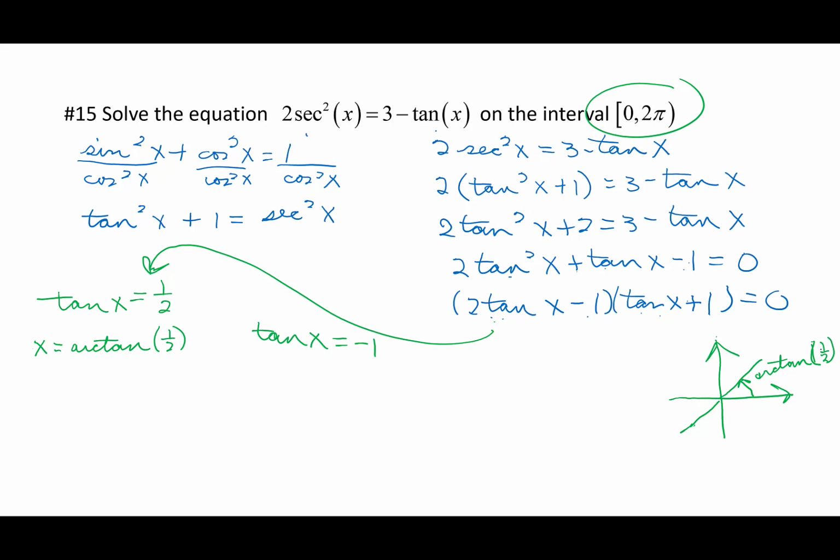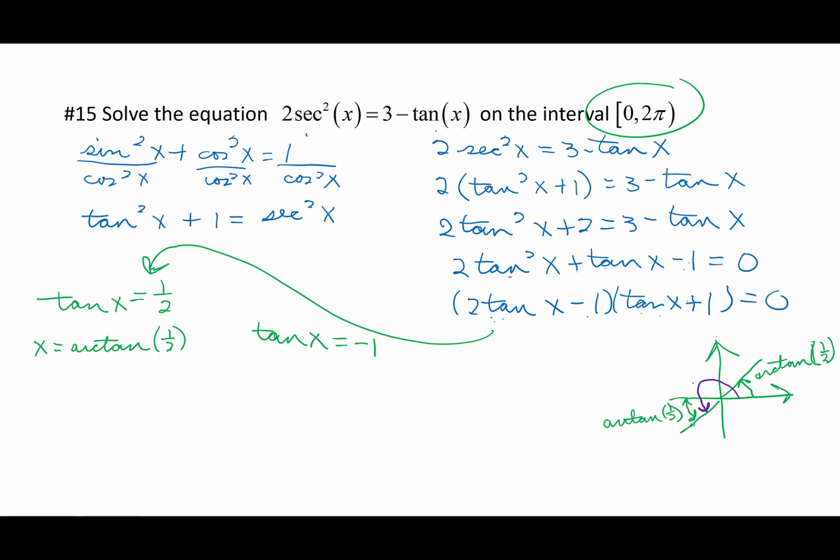But what about quadrant 3? Well, we're going to have a reference angle in quadrant 3 of the arctan of 1/2. So what does that make our angle? Our angle is going to be right here.